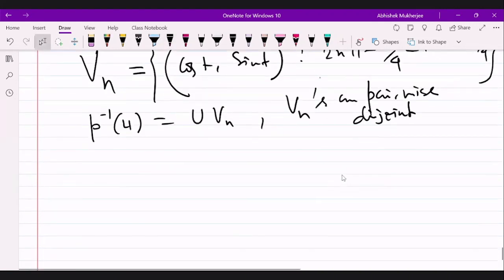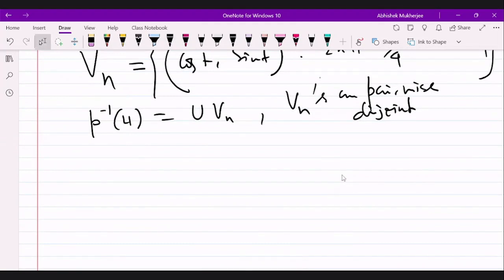Again, by using those arguments taken up in the case of the usual covering map from R to S1, you can prove that this will be a homeomorphism.